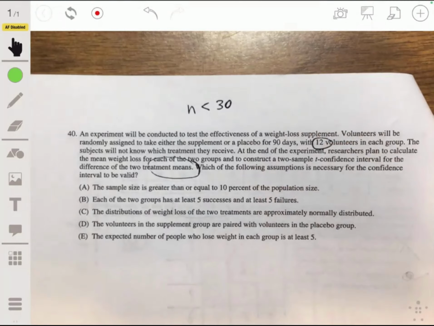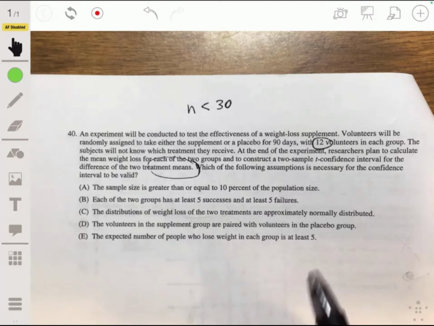Usually it's 30. Some books have it 25, but I think in this course and on the exam, they're always going to say 30. It's going to be like your boundary value. If your sample size is not at least 30, then you have to check and inspect the sample shapes. You want them to be roughly normal, or at least for them not to have any strong skewness. You don't want them to show that they're obviously not normal.